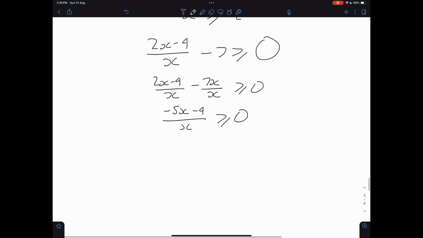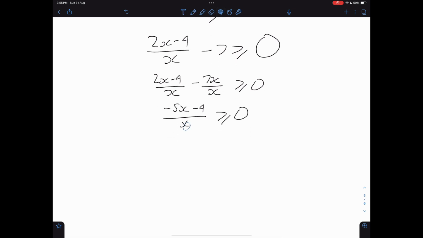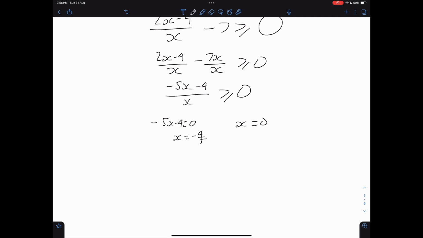So we need to find what happens when the numerator equals 0 and what happens when the denominator equals 0. So this becomes x equals minus 4 over 5. And we split at these intervals.